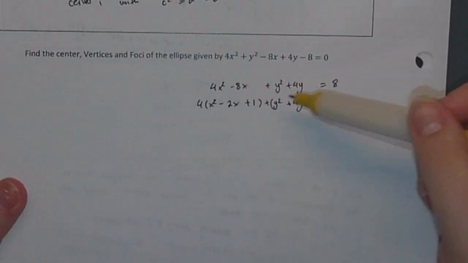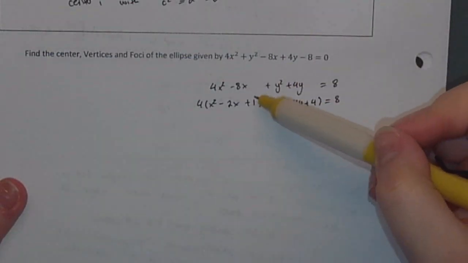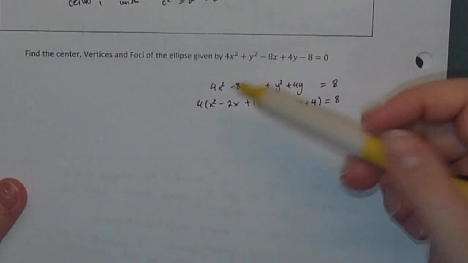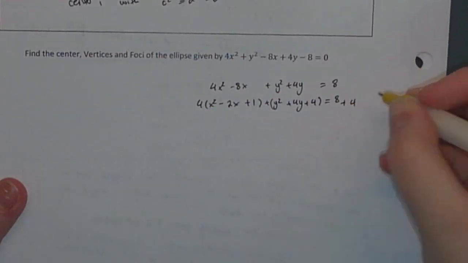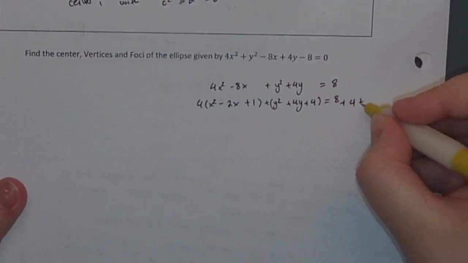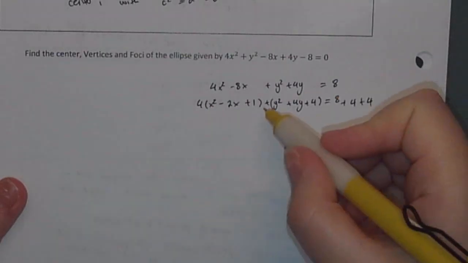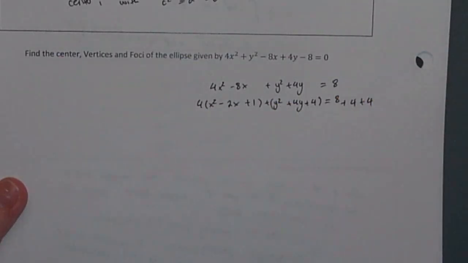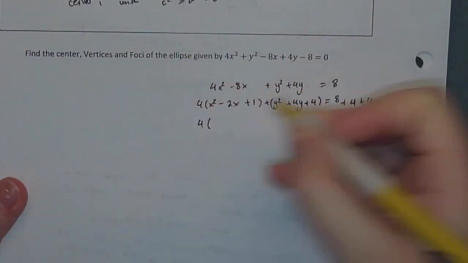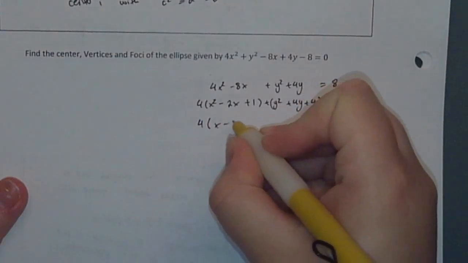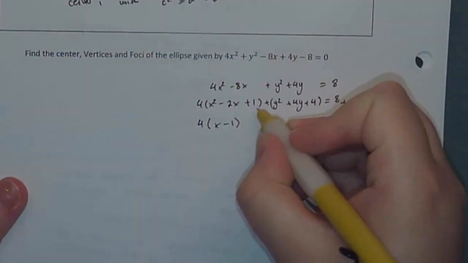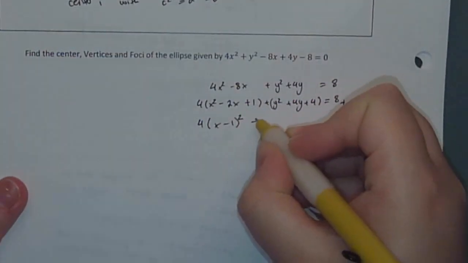When we're adding to this side, we also have to add to this side. That 1 right here gets multiplied by the 4 before we add it to the other side. And that 4 we just add to the other side as is because there's just a 1 in front of here. Alright, next we will factor. X squared minus 2x plus 1 turns into (x minus 1) squared.